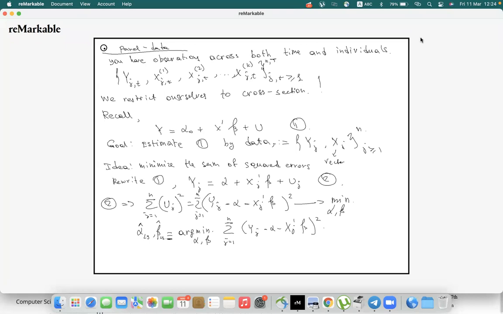When you have minimized your function, you get this alpha and beta that are very special because they minimize it. It's the unique solution for this minimization problem.